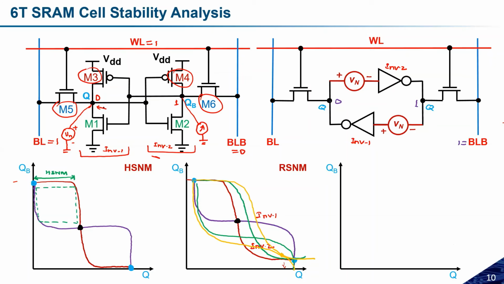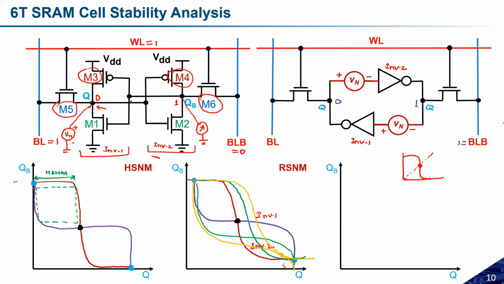Trip point voltage is nothing but the voltage at which the logic is changing. So this voltage is the trip point voltage. And while writing the data, if this Q is above or below the trip point voltage, it will change the logic.